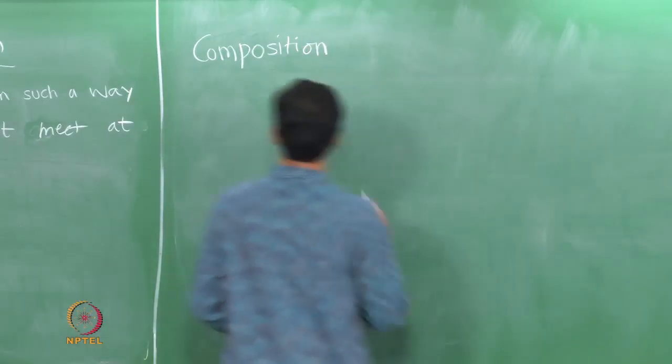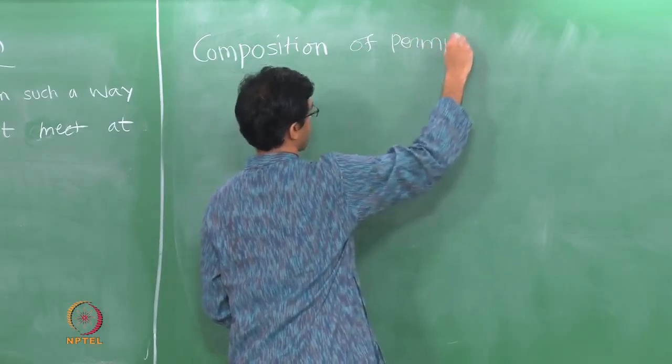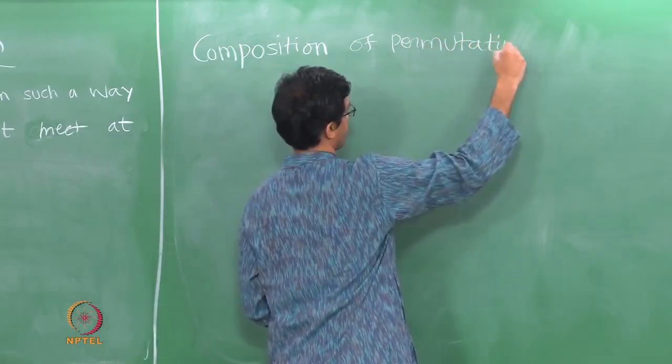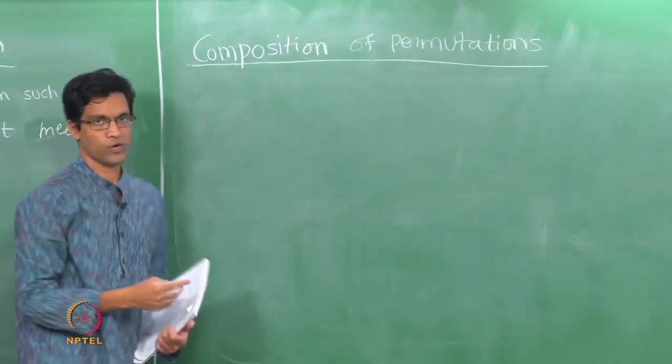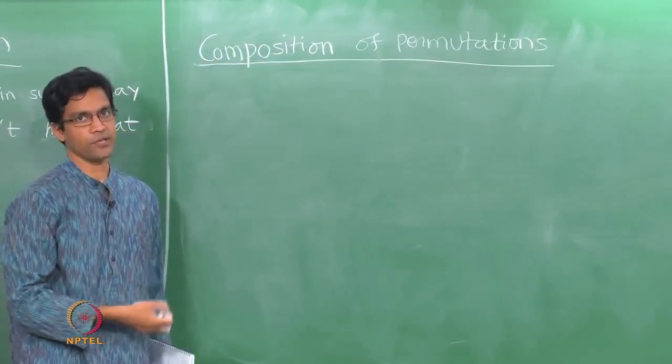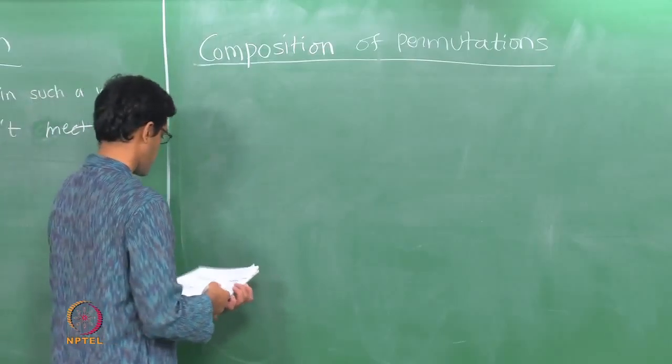So there is the notion of composition of permutations. What does composition mean? Well, it means the usual notion of composition for functions. So let us again do this by example.